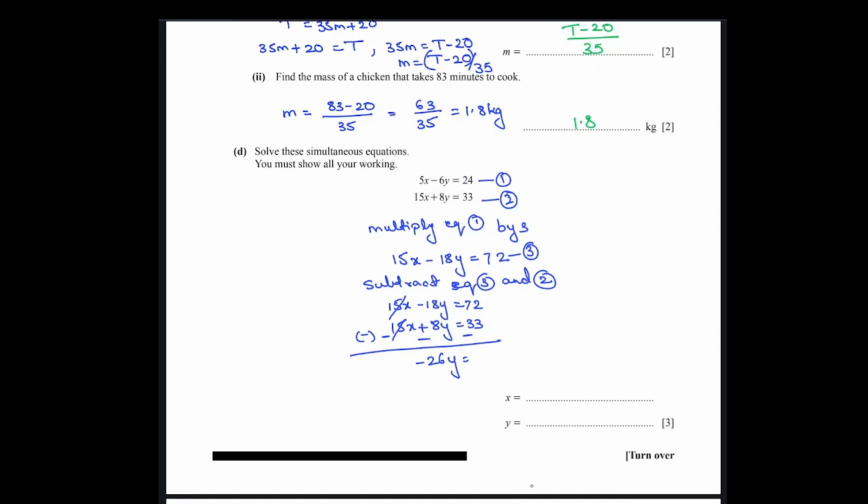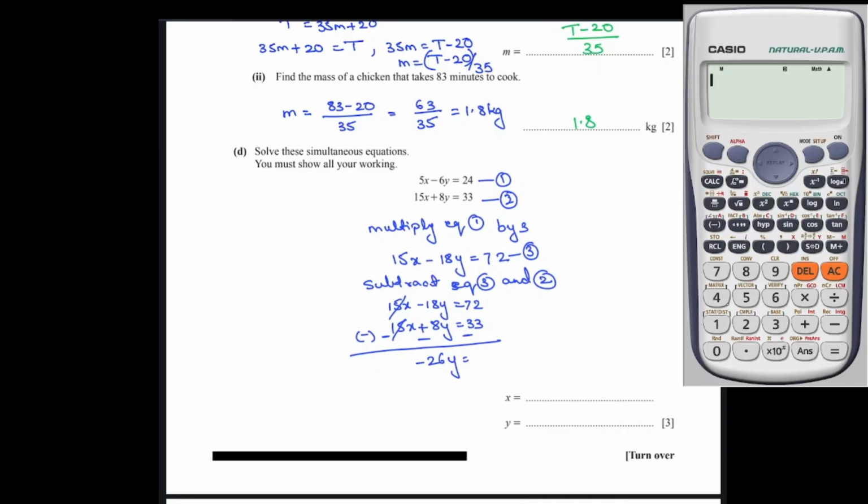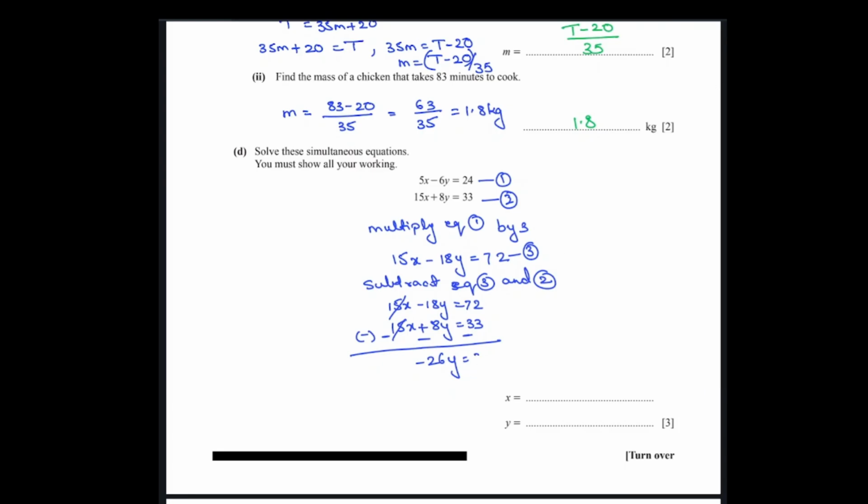72 minus 33 is how much? 72 minus 33, 39. Now what is the value of y? y is equal to 39 by minus 26. Now cancel out the numbers using the common factors.